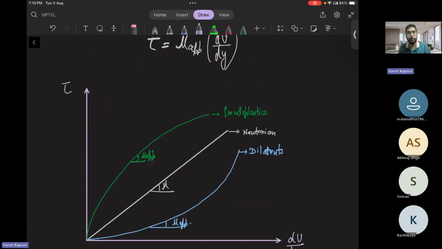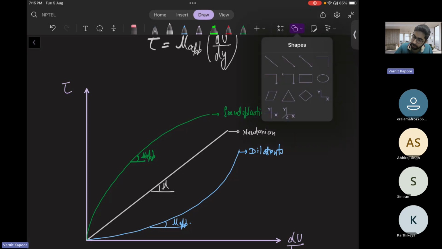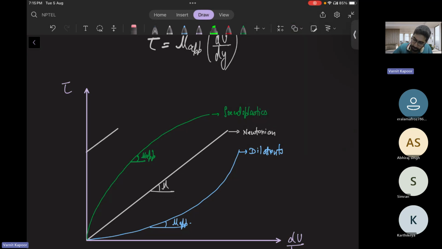Now let us make Bingham. So Bingham are similar to Newtonian, but here B will be non-zero. Let me make. These are Bingham or ideal plastic. The thixotropic will be like this. Use some other color.